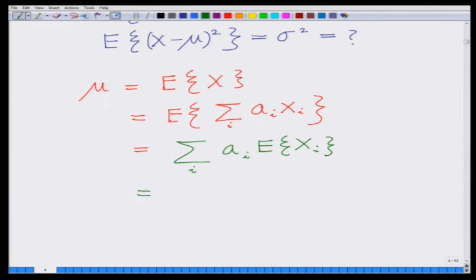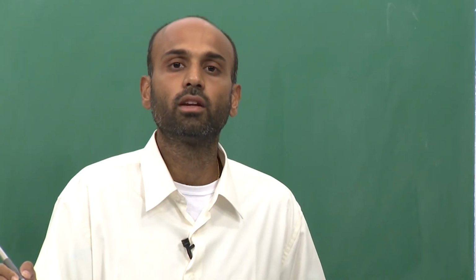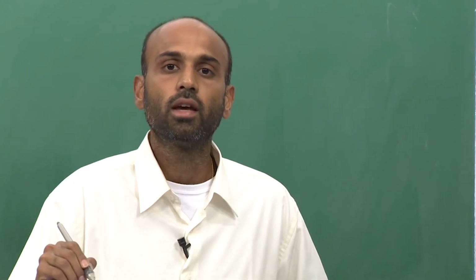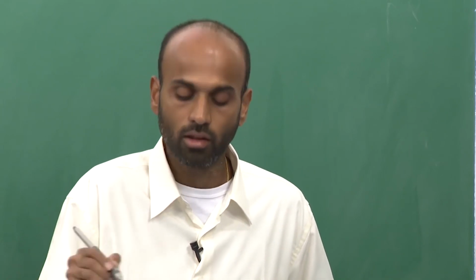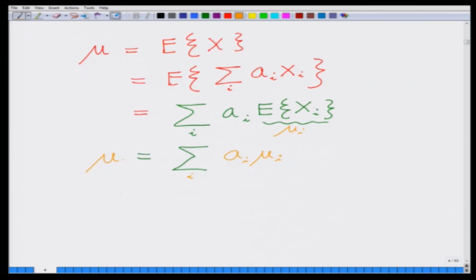What do we mean when we say that the expectation operator is linear? We are saying the expectation of a sum of random variables is the sum of the expectations of the random variables. Therefore, I can take the expectation operator inside the summation, and we know expected value of each xi is mu i, therefore, this is equal to summation ai times mu i. So, the mean of this random variable is summation ai mu i.